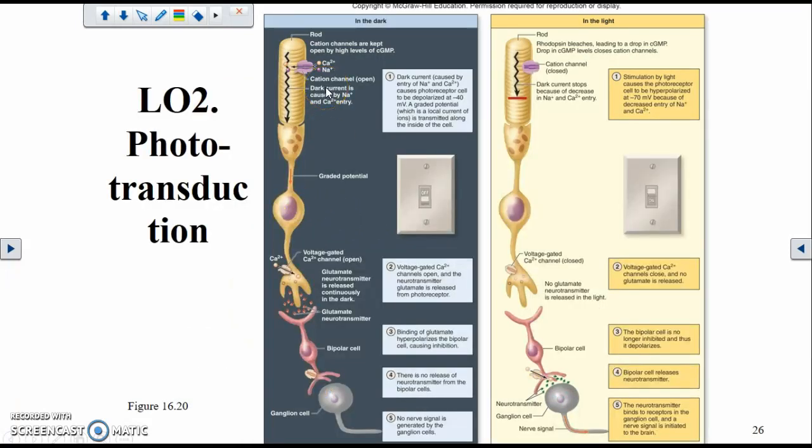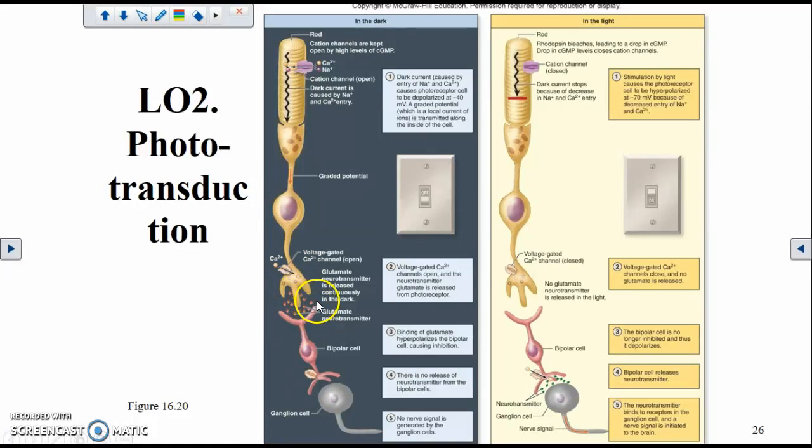So how does the mechanism of vision happen? So this is a rod, and in the dark, what happens, folks, is there are channels, kind of like facilitated diffusion. Actually, this is not facilitated diffusion, this is active transport. What happens is ions enter, and an impulse travels through the rod, and the rod then releases a neurotransmitter called glutamate.